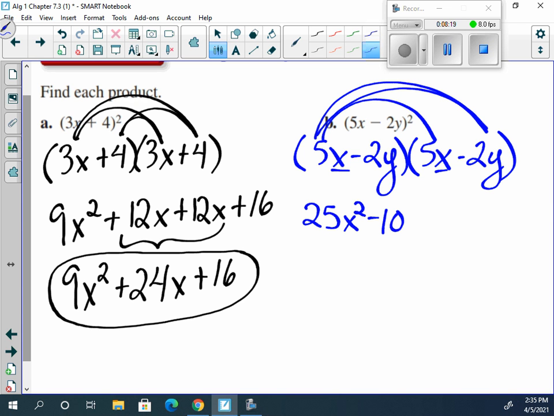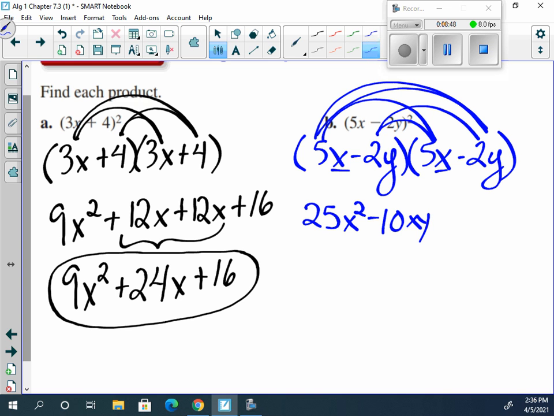Because they're not the same, I can't turn it into an exponent. So what do we guess? x and y are being multiplied together, so we can just write xy, which is saying x times y. Questions on these first two? So then we can move on to the next step.